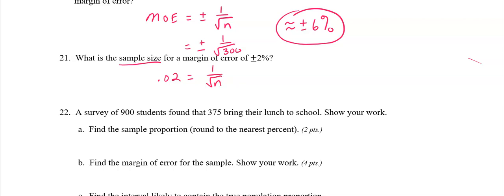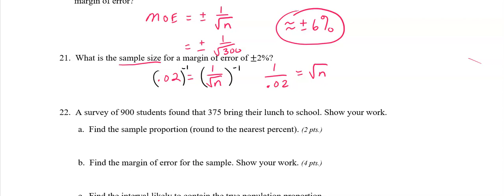We talked about this in class. Since n is in the denominator, we need to flip these over. So mathematically, you're raising both sides of this to the negative 1 power is really what you're doing. It's not just magically happening. We have to do some math to make it happen.